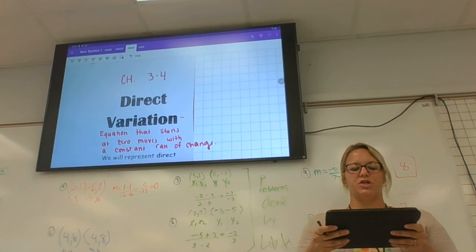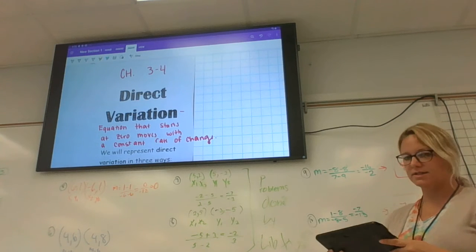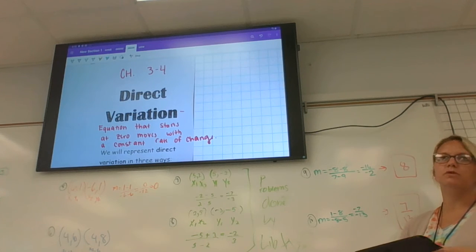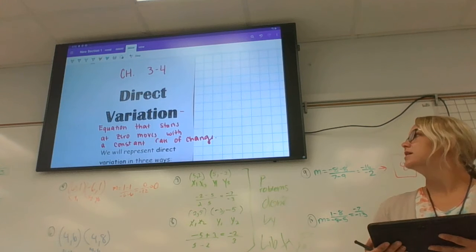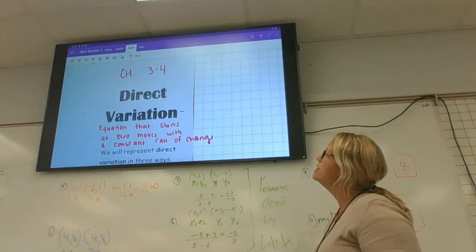This is direct variation. It's chapter 3-4 in your textbook. If you want to read about it, I recommend it. It's an equation that starts at 0 and then moves with a constant rate of change. You'll be very familiar with these. It shouldn't seem like anything brand new.